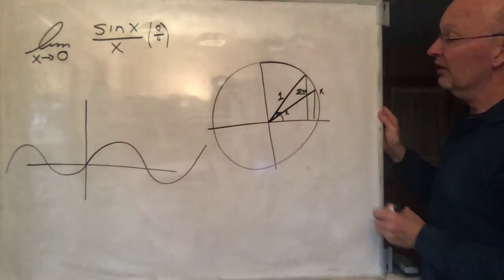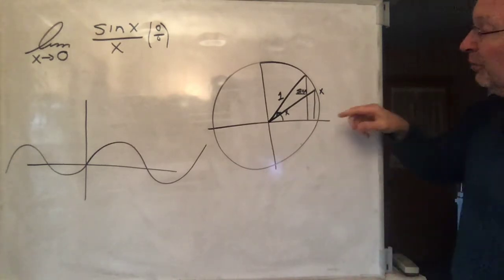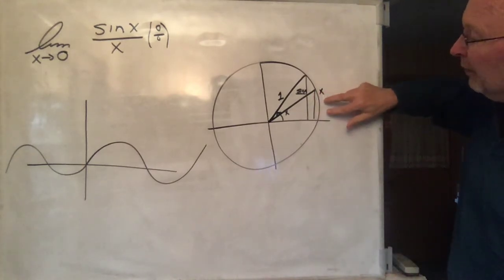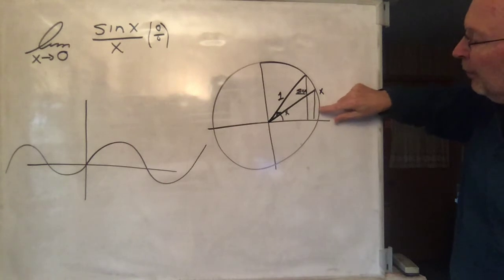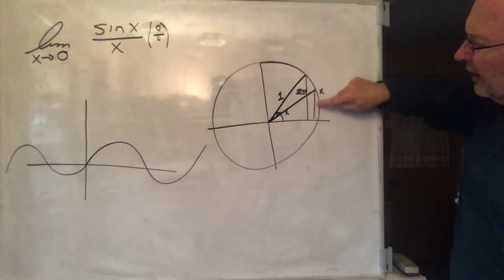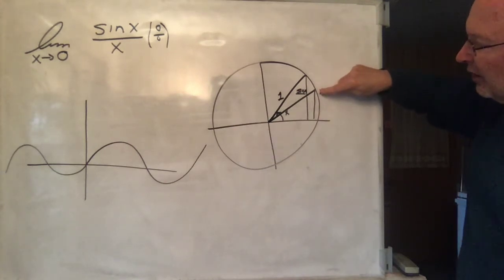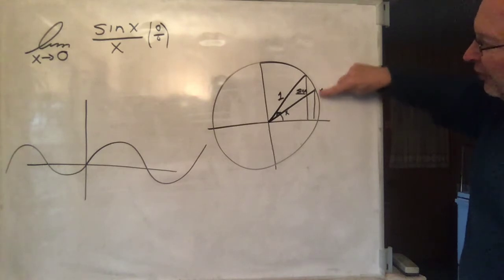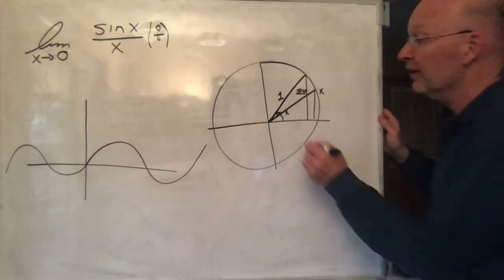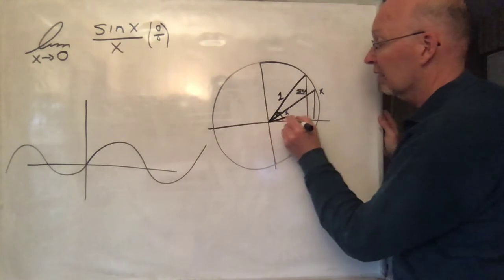Notice as x becomes smaller, of course both of them become smaller, but not only do they both become smaller, they get closer and closer to the same size, because the curvature becomes less pronounced because you have less of an arc there.